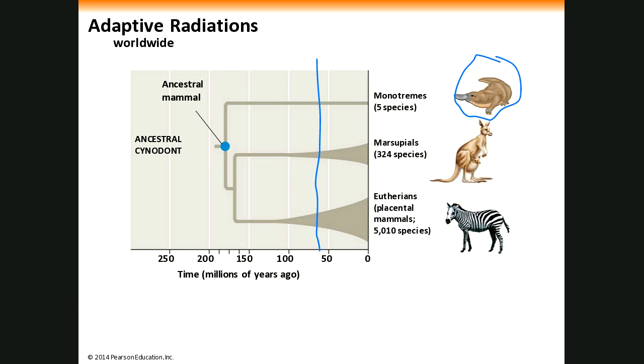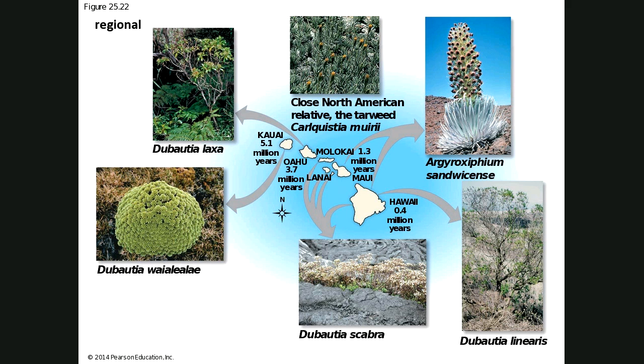So it could have been worldwide adaptive radiations, local adaptive radiations, or regional. This is the adaptive radiation of a species of plant. A close North American relative is the tarweed. And these plants that you see have all evolved out of that close North American relative. And they've moved throughout the islands.